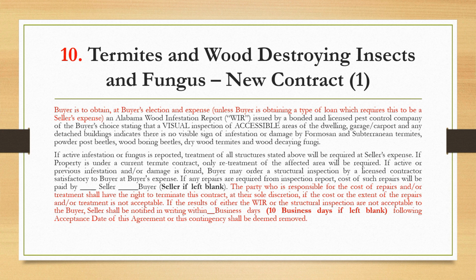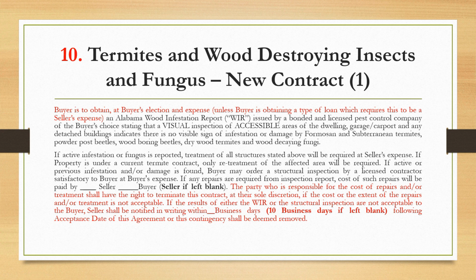We just didn't ever really get comfortable with an amount, so we just made it discretionary. And if the party is not okay with the amount of the repairs, the party who is obligated to pay those items would have the opportunity to terminate the contract if they so desired.